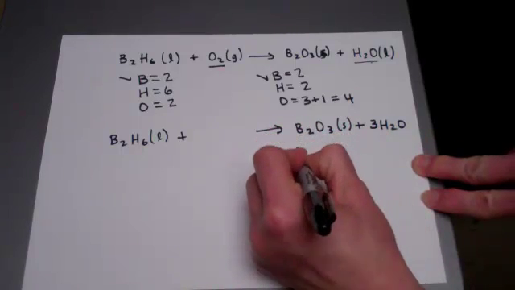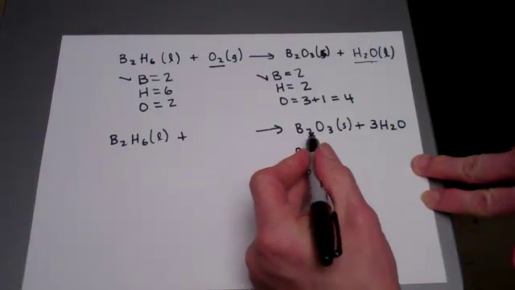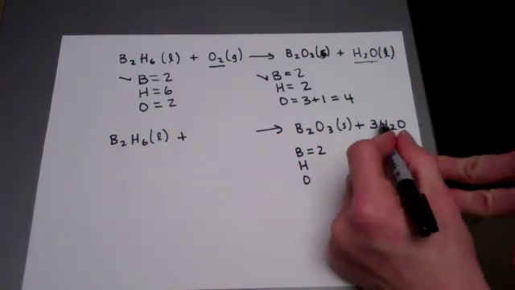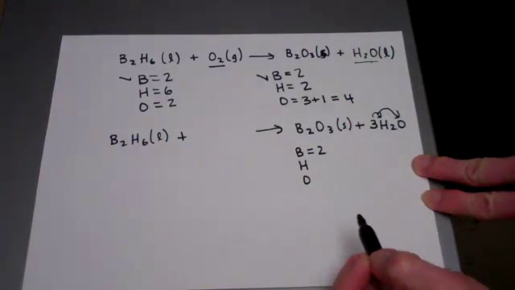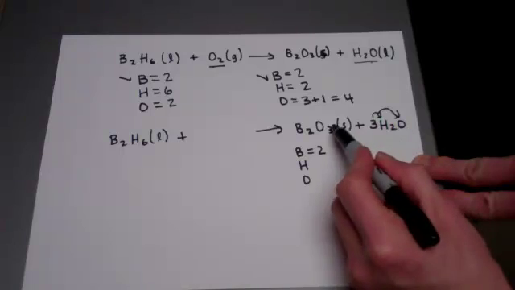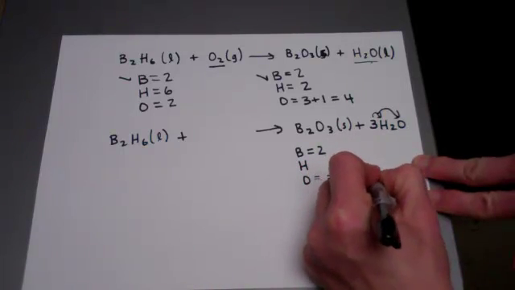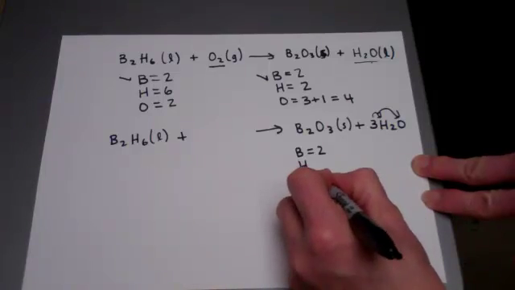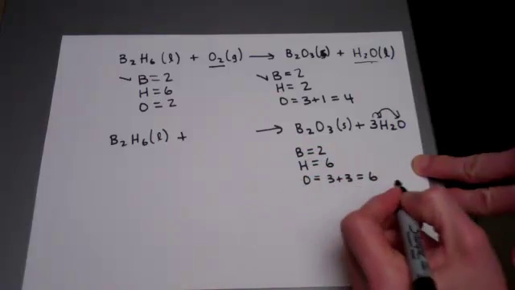We've got B, H, and O again. We've got 2 borons. We're going to have 3 oxygens plus 3 more oxygens for a total of 6 oxygens. That's even. I like that. And our hydrogens are going to be 6.